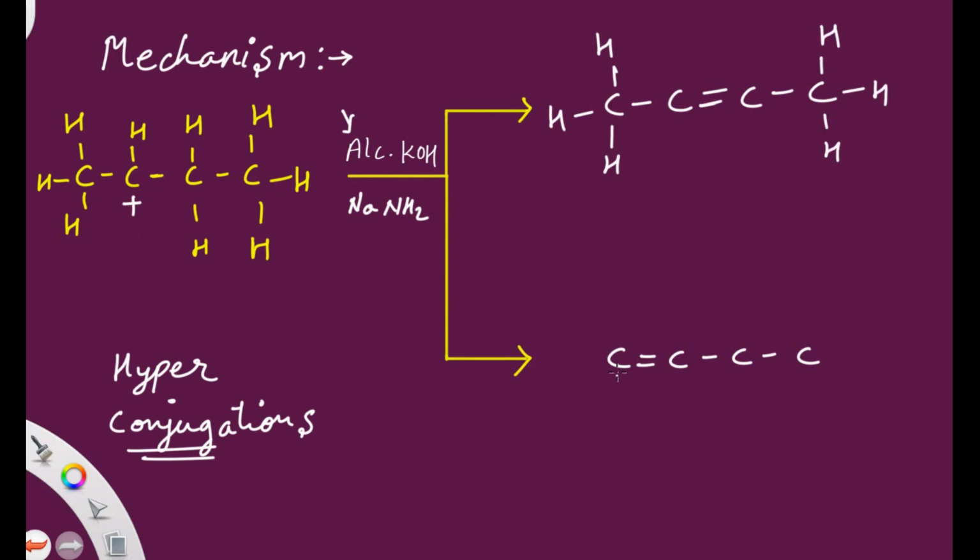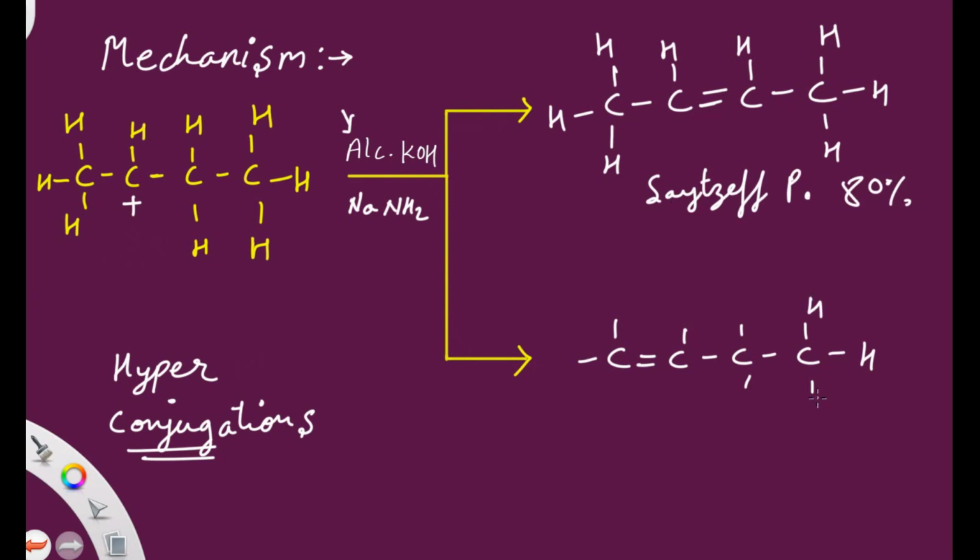And in this particular case, this is the Saytzeff product. Two more hydrogens will be there. This is the Saytzeff product, 80% yield. In this particular case, two hydrogens will be there, one is there and three are there. Now, what is it that decides hyperconjugation?